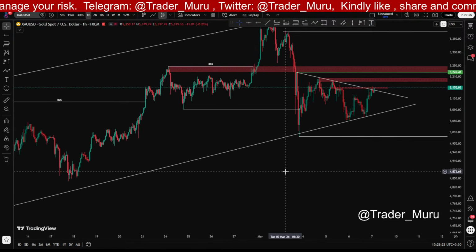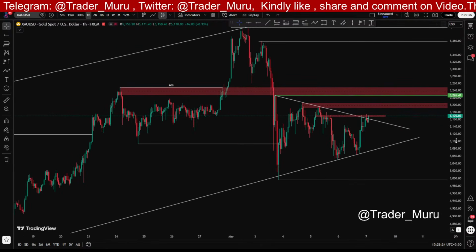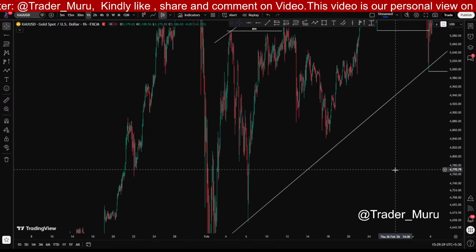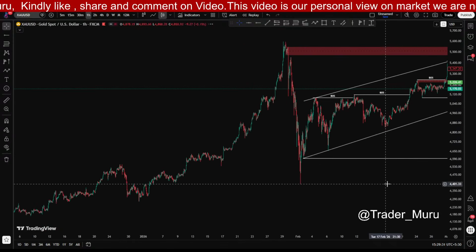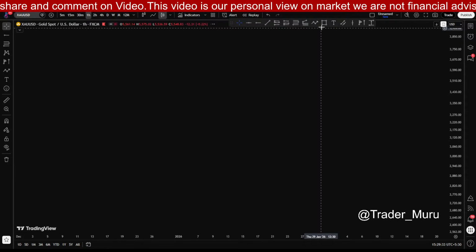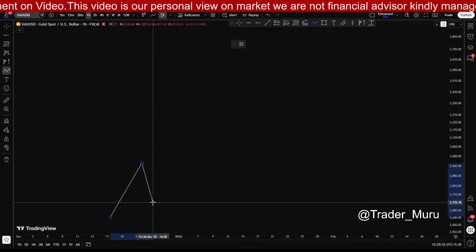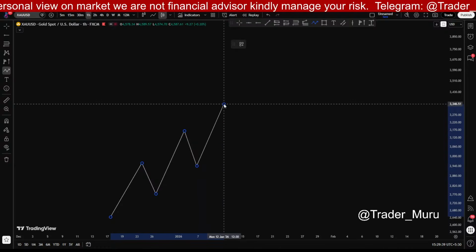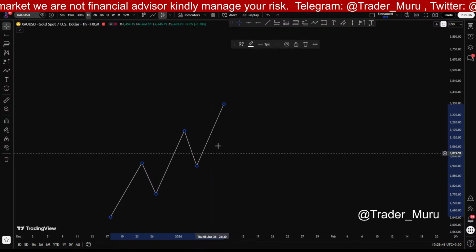Last few trades hit SL. Yes, my last few trades hit SL because the market is in range. In range, my strategy mostly fails because my strategy works on higher highs and higher lows. If the market creates a new higher high, I will trade it for a new higher high.